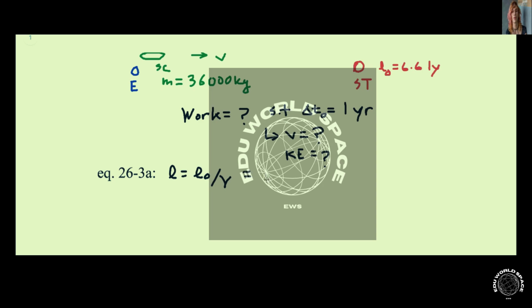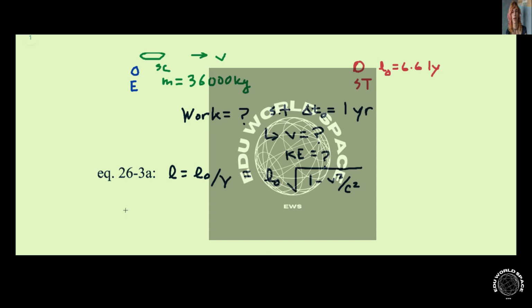Gamma, as we remember, is 1 over square root of 1 minus v squared over c squared. And so you take the inverse of that, and the square root is on the numerator instead of the denominator here. So first you want to find the velocity of the spacecraft, right?